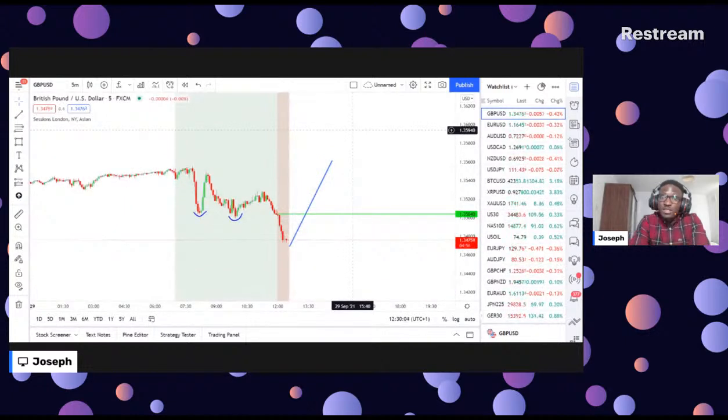Apart from that, I don't use any kind of indicators. It's purely price action. There's no indicators, no volatility, nothing. Like I said, occasionally I use RSI, but that's about it.